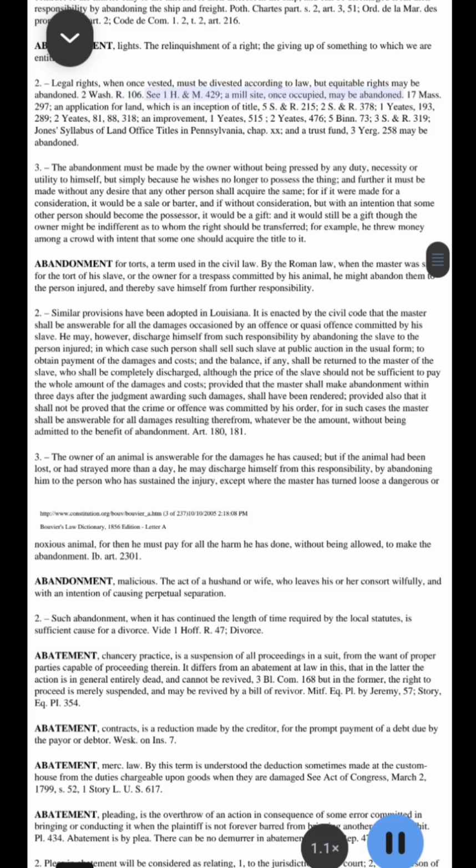A mill site, once occupied, may be abandoned. 17 Mass. 297.